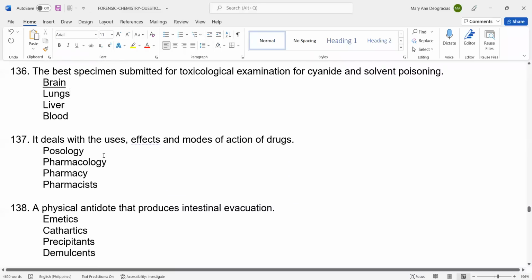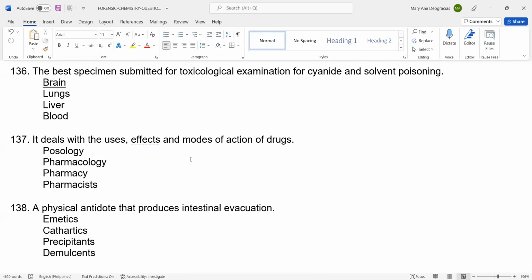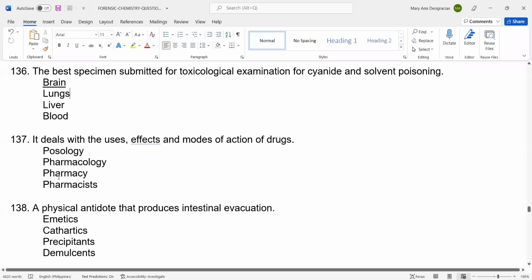So it deals with the uses, effects, and modes of action of drugs. A, posology. B, pharmacology. C, pharmacy. And then D, pharmacy. So eliminate niya yung letter C and letter D. Ang pagpipilian nyo na lang is posology and pharmacology.